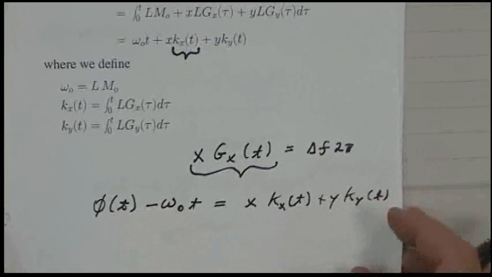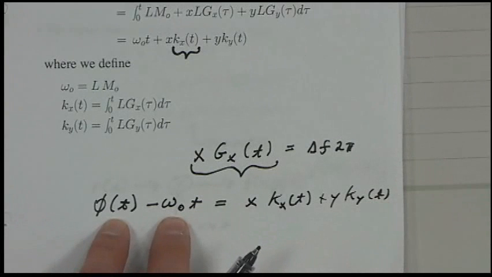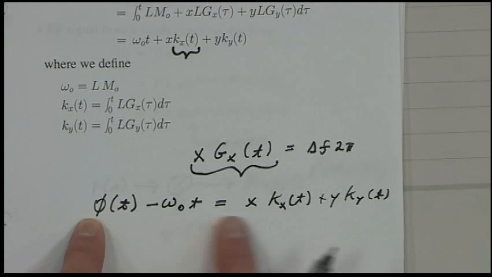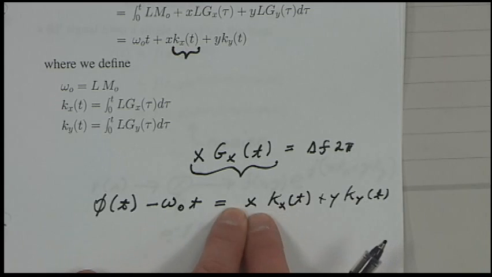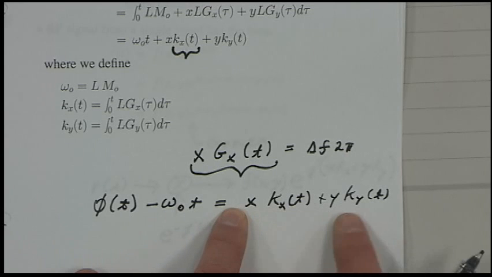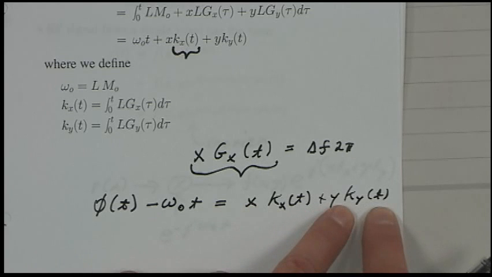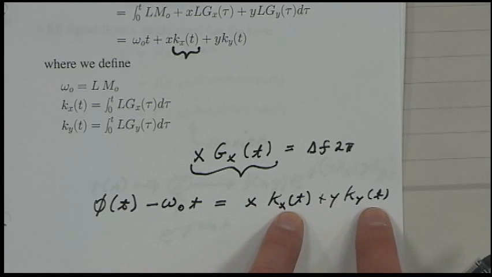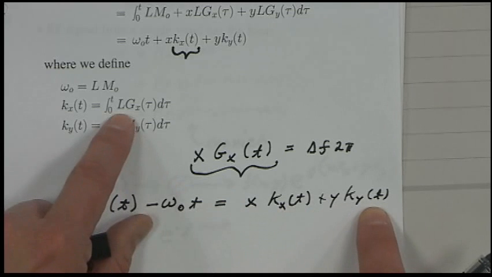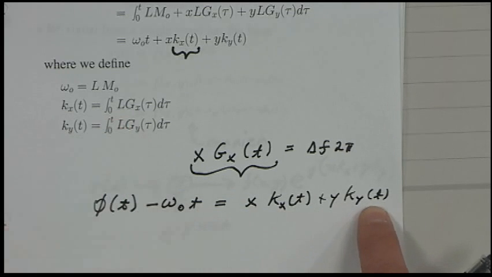This is the difference between what you'd expect the phase to be just because it's on a carrier and what the actual phase is. So this phase shift is linear in x times k_x, and linear in y times k_y. And k_x and k_y are the integrals of the gradient with time.